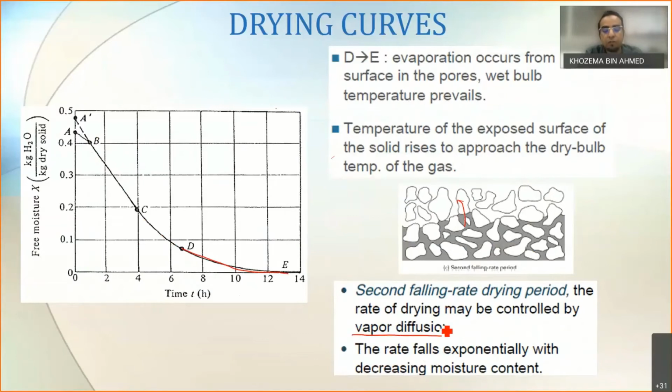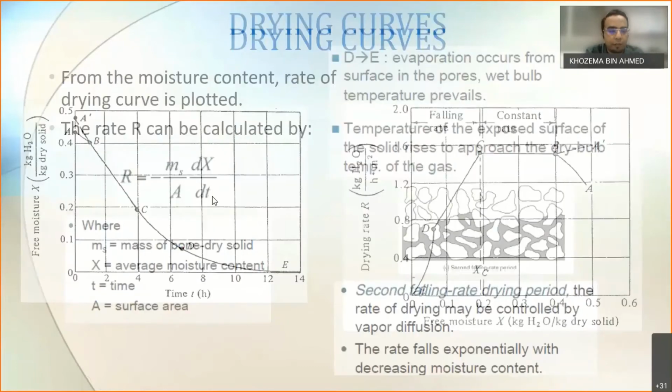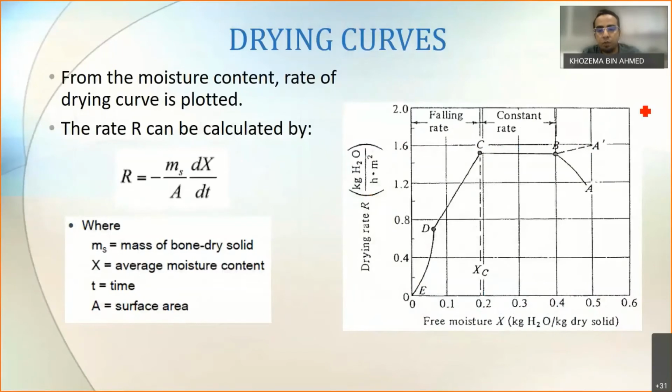Because of the difference in your transfer mechanism, you will have this drying curve. And from this drying curve, we can plot another graph known as your rate of drying curve. Whatever information we have here, we translate it into your rate of drying curve.